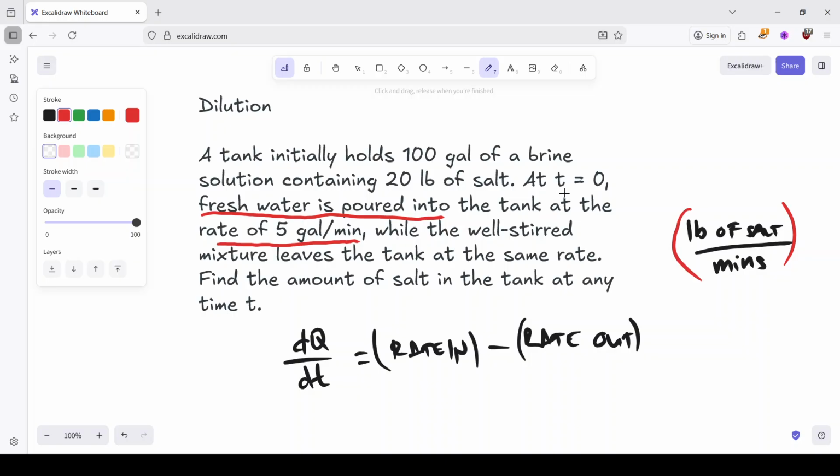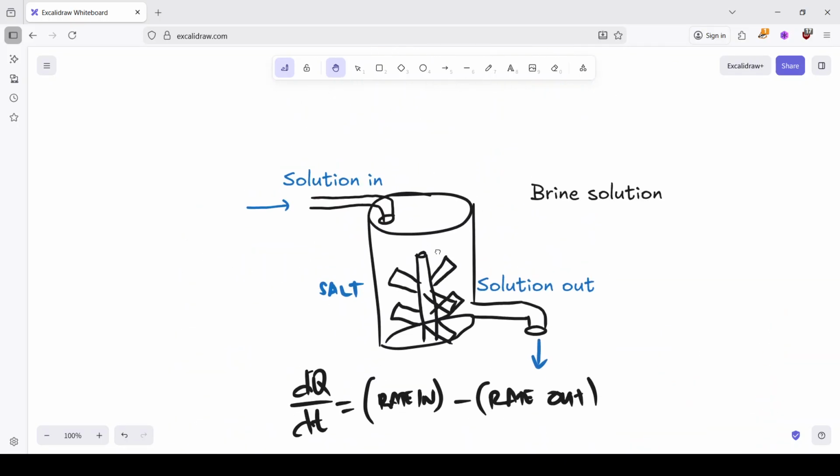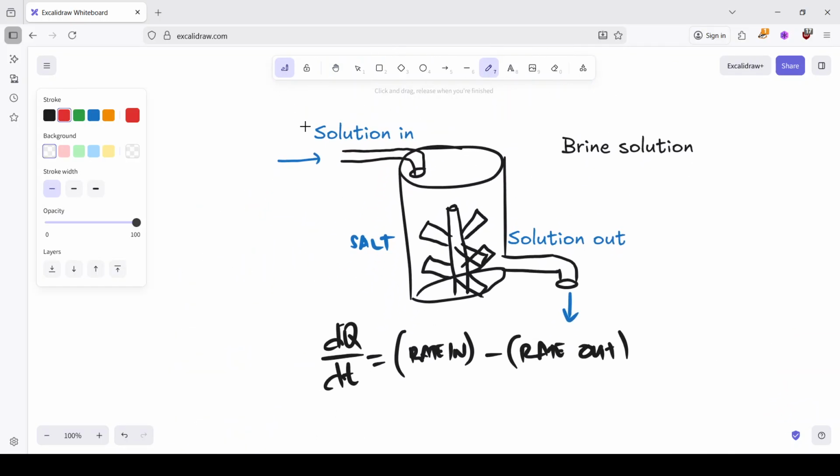And then our solution, let's go back here to our drawing. So our solution will have fluid flowing in at a rate of volume per time. In the case of our example, gallons per minute.